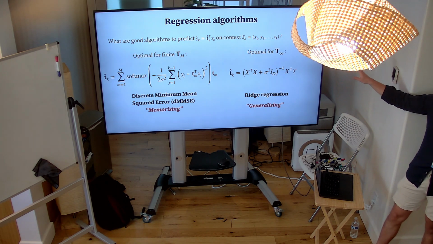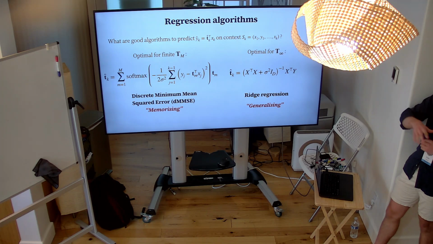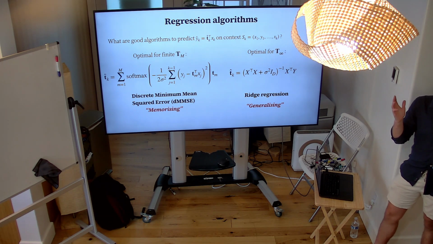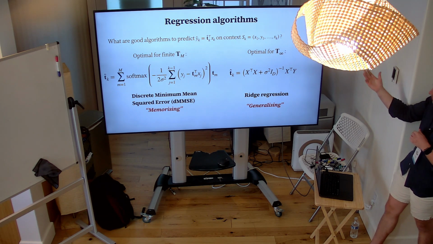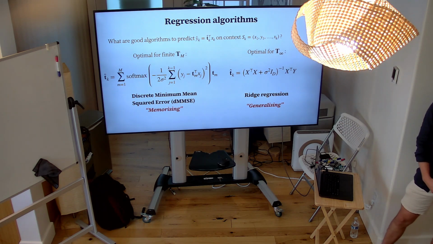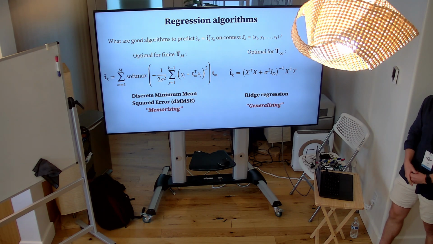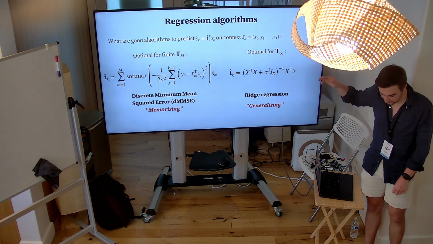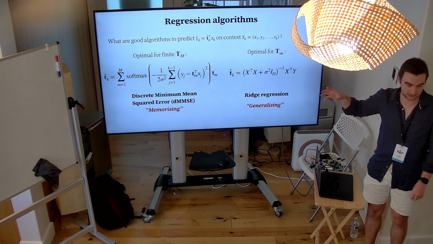On the other hand, for the infinite task distribution, the Bayesian optimal solution is the classic ridge regression, which is ordinary least squares plus the regularization parameter that comes from your Bayesian prior, effectively. And so in this sense, ridge regression is a generalizing algorithm.